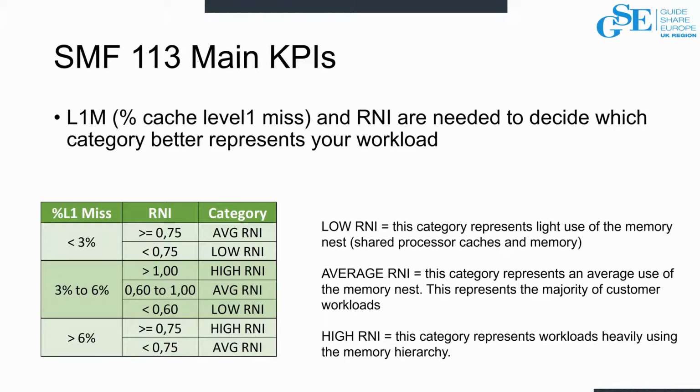The majority of companies have an average RNI, but depending on the process running on the system, it can be a lower RNI or a higher RNI. So the RNI is the metric to tell you how far you are going in the cache levels, where a higher RNI means that you are using the memory hierarchy heavily, and a lower RNI means that you are using the L1 and L2 of the processors at most.